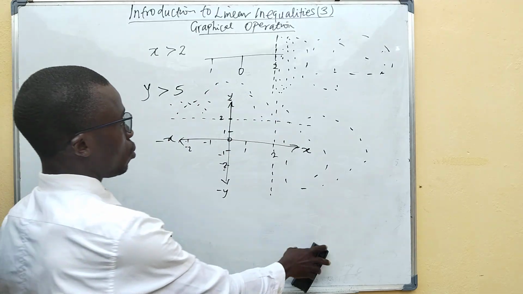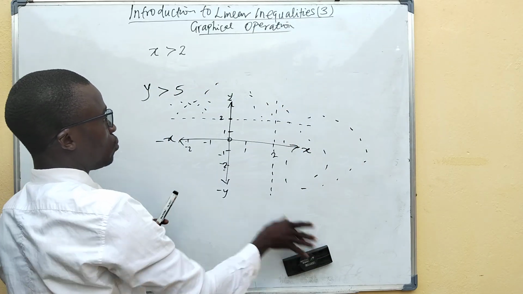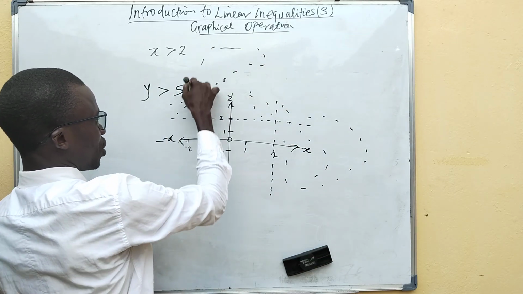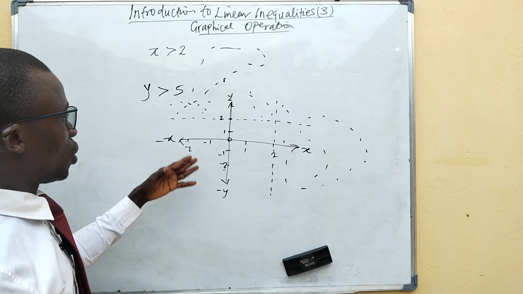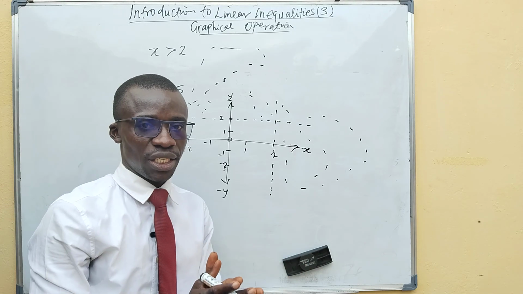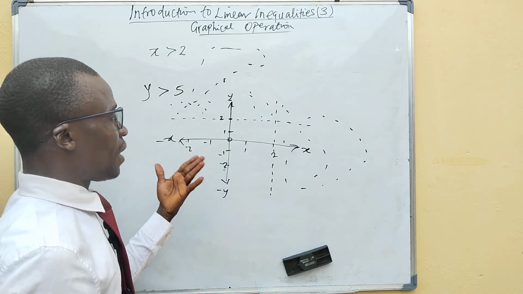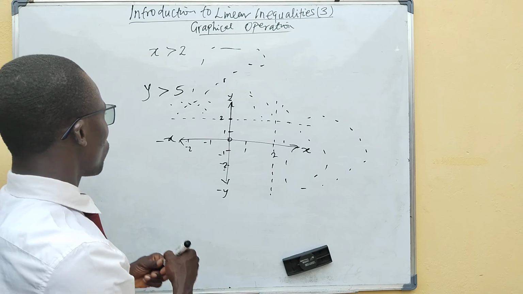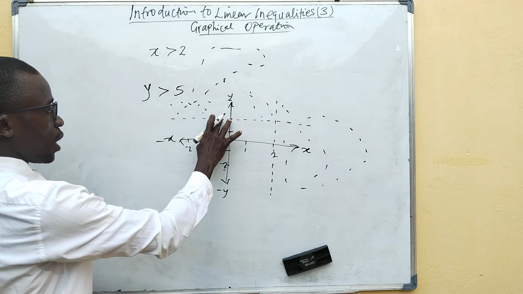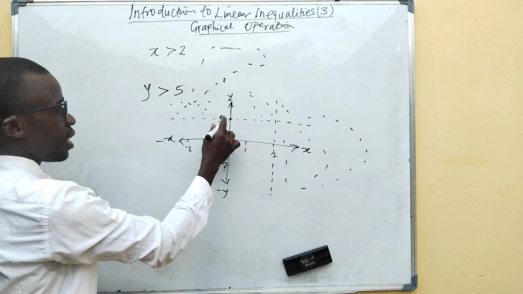I don't know if what I have done is clear to you. You can shade as much as you can. I don't think we should bring the two shadings together to avoid confusion, but I am sure you get what I'm trying to say. Let me say here is 3 and 5.